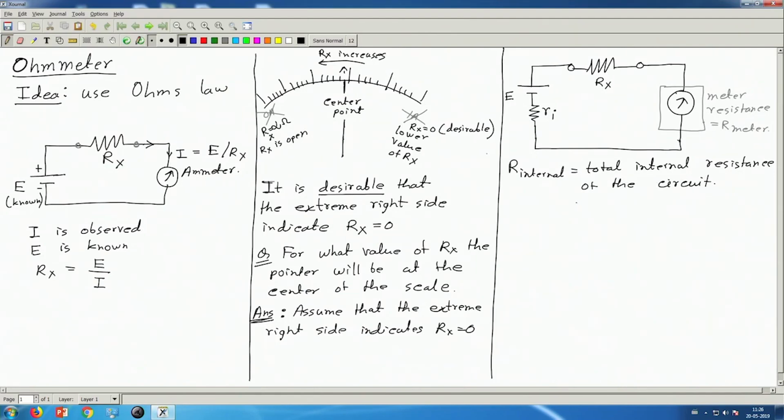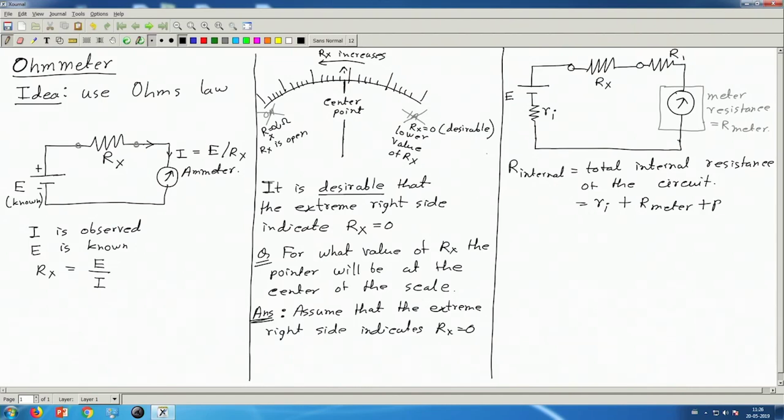In this diagram it is equal to R I plus R meter, and if I have anything else in series, including conductor resistance, which may be negligible, or any other resistance which I may or may not have depending on the requirement, call it R 1.